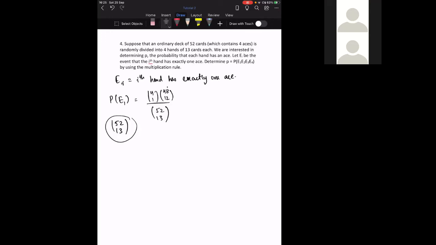So ये जो ऊपर मेरे पास आ गया है, this is basically the number of ways I can choose 13 cards out of the 52 cards, in which I have one ace and 12 other cards. But none of those 12 other cards can be aces because I already chose, eliminated the 4 aces. So the second number is being chosen from 48 cards.